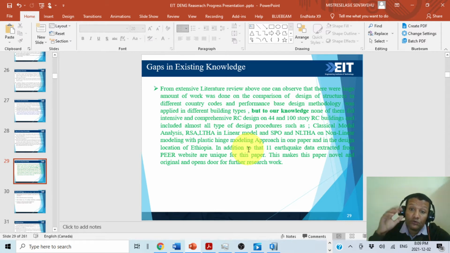There is a lot of work done in the performance-based or code-based comparison and a lot of things.